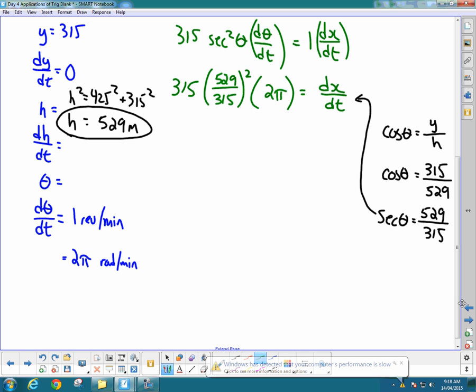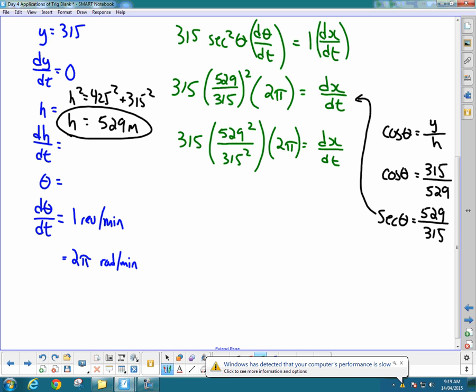I can make it a little bit easier if you wanted me to be as slick as I was last time. 529 squared over 315 squared, 2 pi equals dx by dt. Since I've got a 315 here and a 315 squared, that actually is a little bit easier.